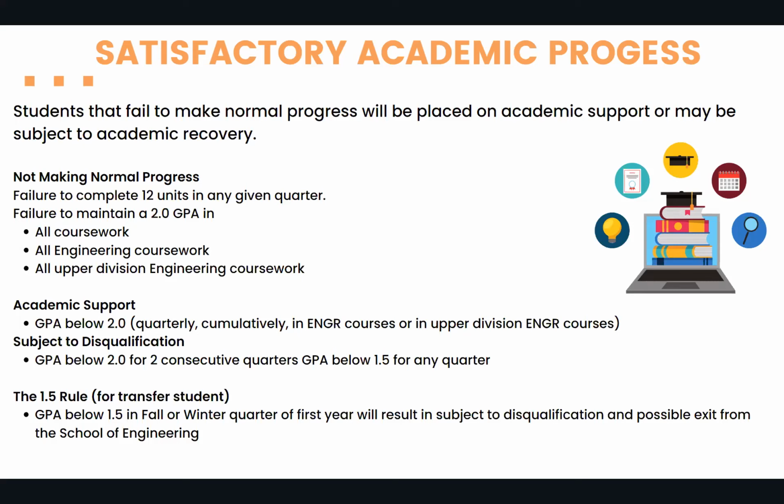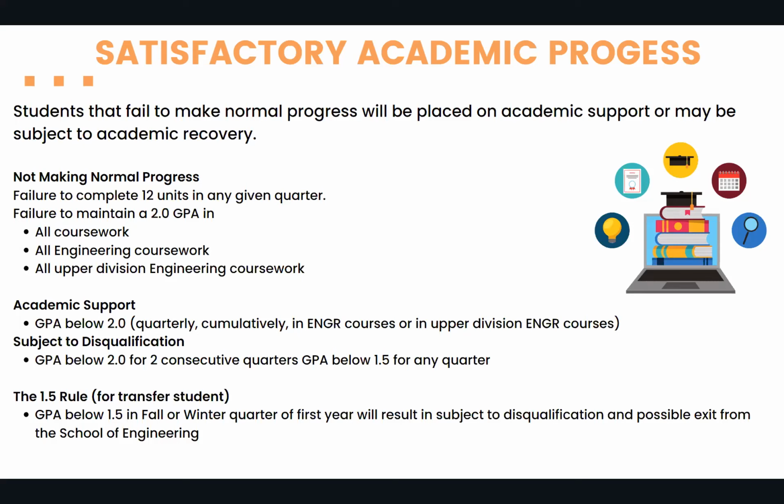And the probation is kind of like a warning. If your GPA is higher than a 1.5, but lower than a 2.0, you're going to be put on a one-quarter probation, and you're going to come in and meet with an advisor, and we are going to give you some resources on campus that we feel can help you get back on track.